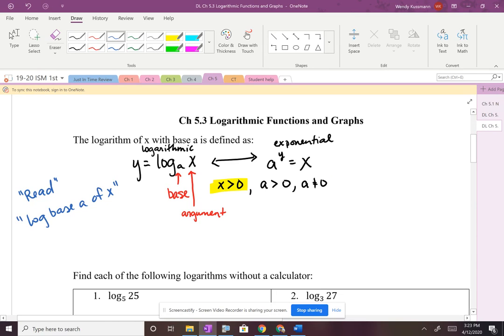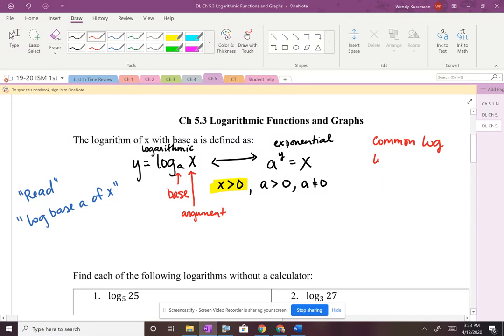There's a couple of logarithms that are so commonly used that we have special names for them. This one is called the common log. It's used a lot in chemistry and physics, so commonly that it has a special button on the calculator and we don't write the base.